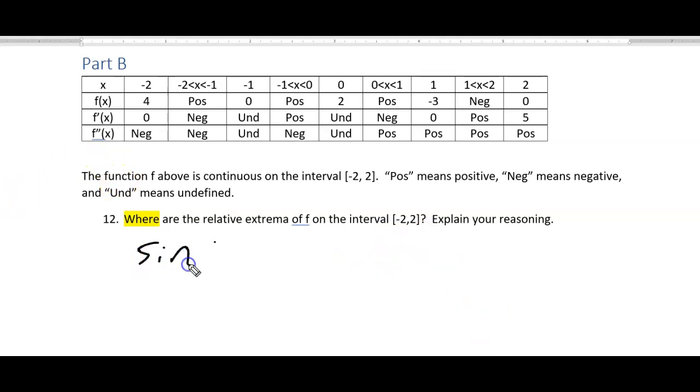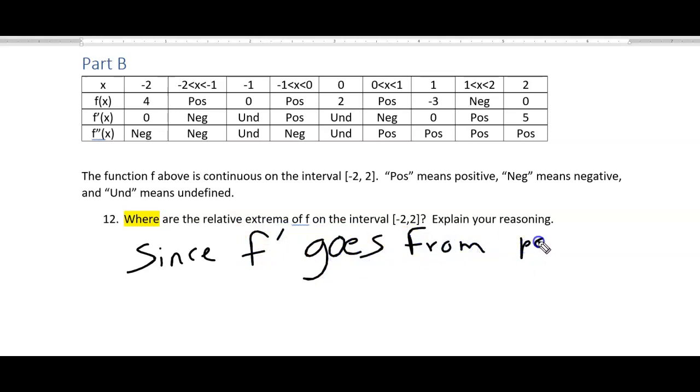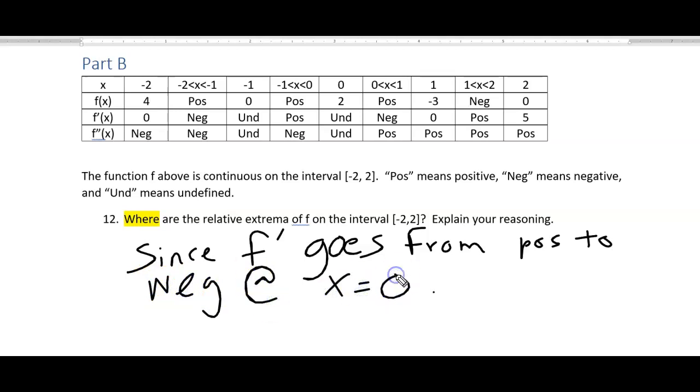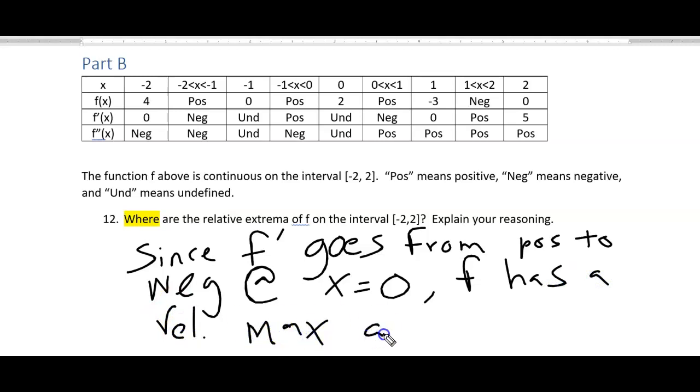We can say since f prime goes from positive to negative at x equals 0, f has a relative max at that point. Okay, so that's the end of 12. Let's move on to 13.